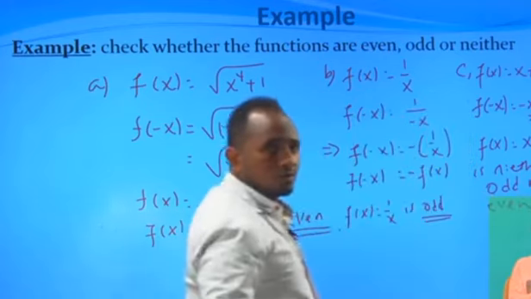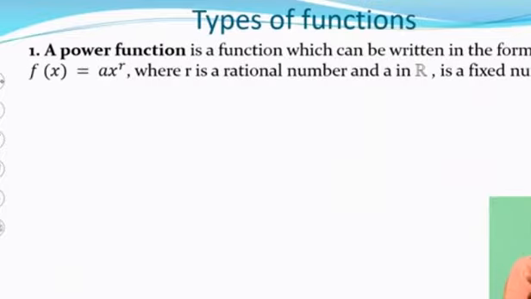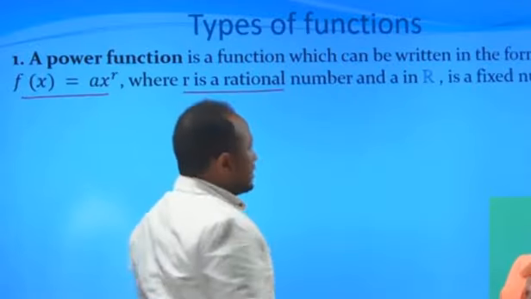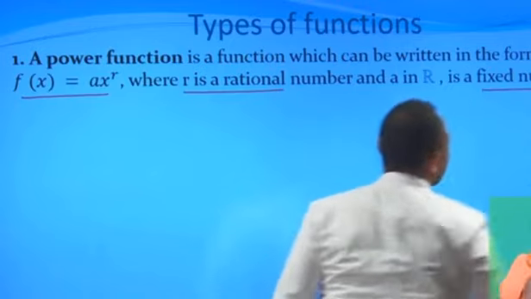Now let's continue to the other part. Types of functions. The first one is the power function. A power function is a function which can be written in the form f of x is equal to a x to the power of r, where r is a rational number and a in R is a fixed number.